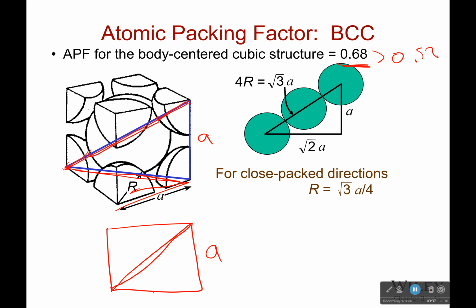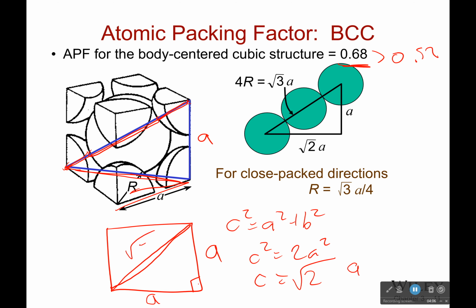So this side right here is A, and this side right here is A. And if you've done any trigonometry, you know that the hypotenuse of a right triangle is c squared equals a squared plus b squared. Since a and b are the same thing, c squared is equal to 2a squared, or c is equal to the square root of 2 times a.